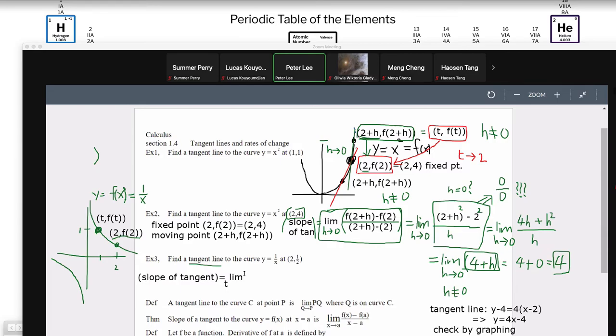And then what is the slope of the secant line? It's going to be f of t minus f of 2 over t minus 2. So this will be the slope of the tangent line.